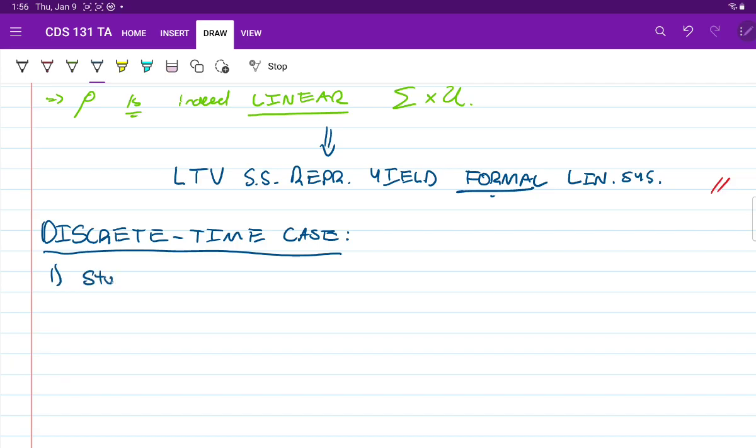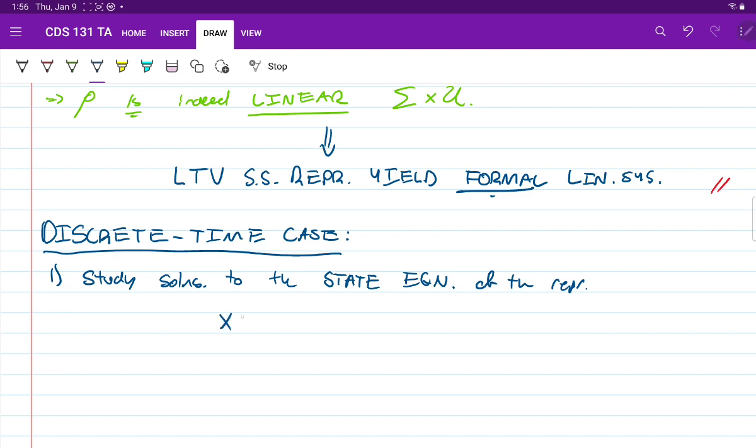First, we studied solutions to the state equation of the representation. Now, in the discrete time case, the state equation, instead of being a differential equation, is a recurrence relation.